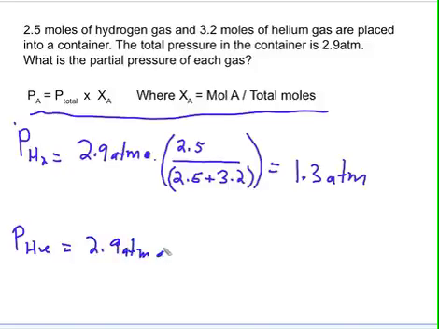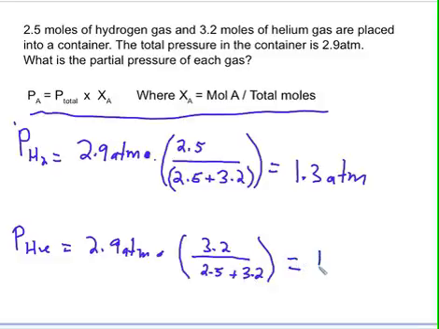You're going to multiply that by the number of moles of helium, which would be 3.2, and you're going to divide that by 5.7, which is the total number of moles. So you're taking the moles of helium divided by the total number of moles, and if you do that, that equals 1.6.